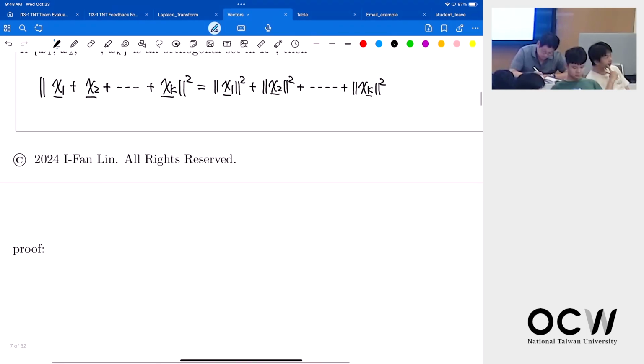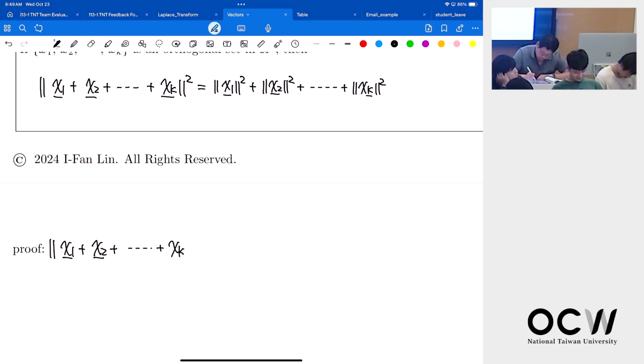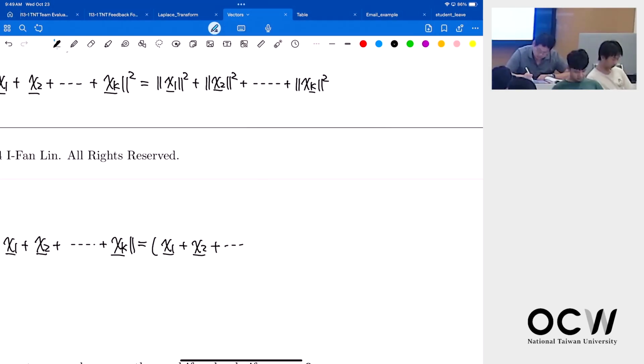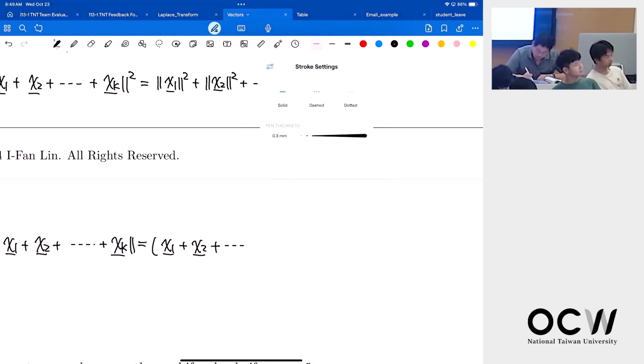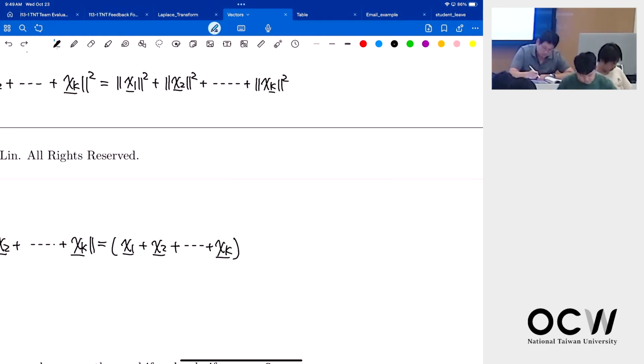So it is x1 plus x2 up to xk, dot product x1 plus x2 plus x3 till xk. And then we copy it.